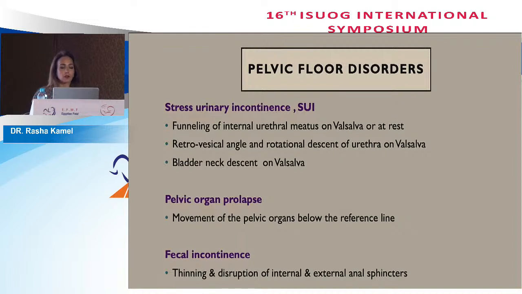And the ultrasound parameters that we look for in these three different conditions, we also note the position of the bladder neck and its descent on valsalva. For pelvic organ prolapse, we note the movement of pelvic organs below the reference line, especially on valsalva. And for fecal incontinence, we look for thinning and disruption of the internal and external anal sphincters.